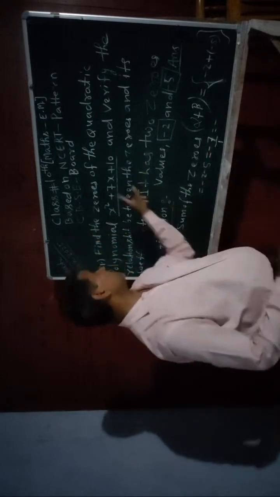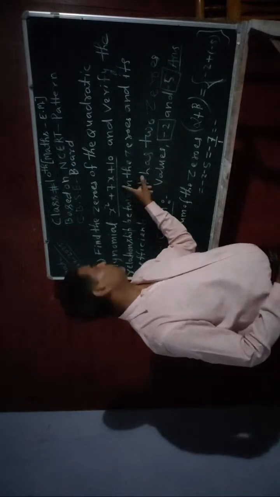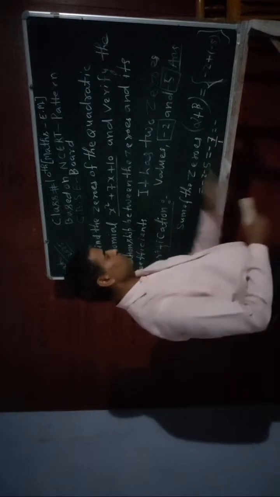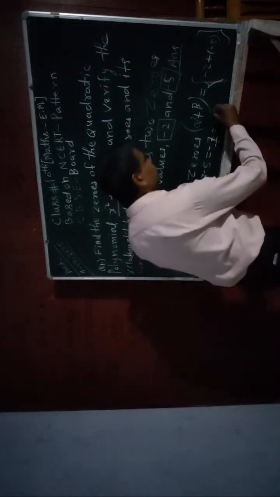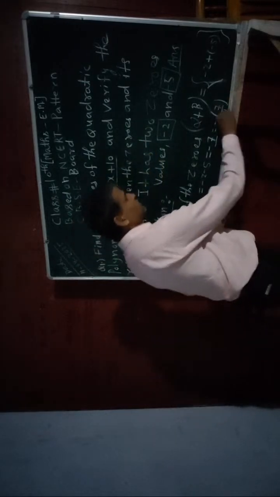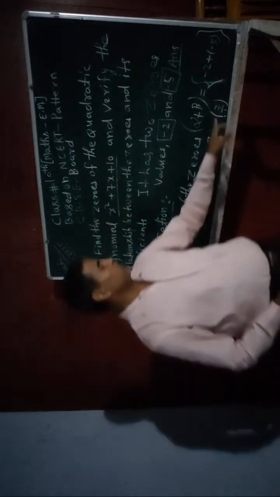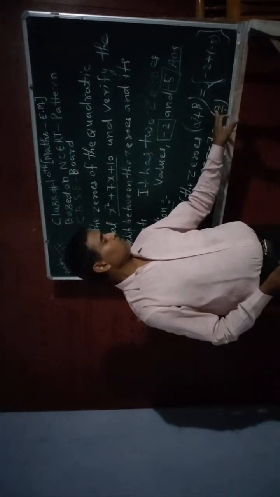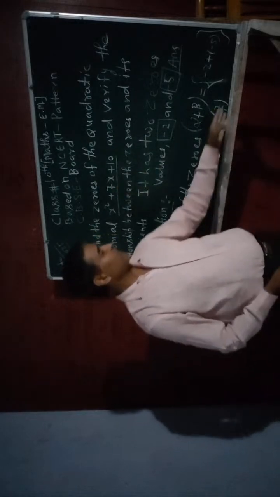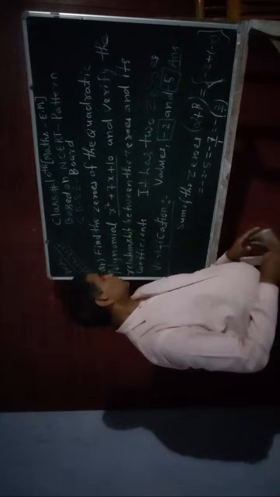In the quadratic polynomial, this 7 is the coefficient of x, so I will write coefficient of x.